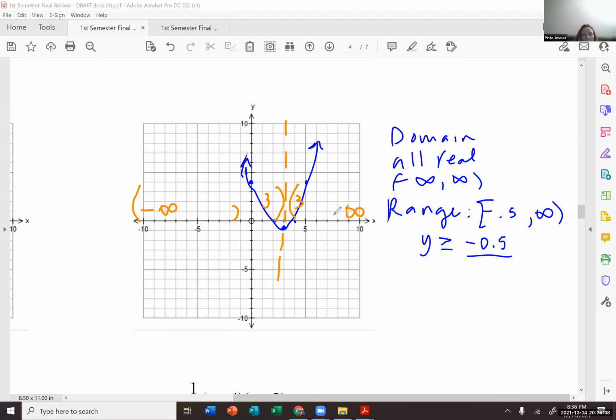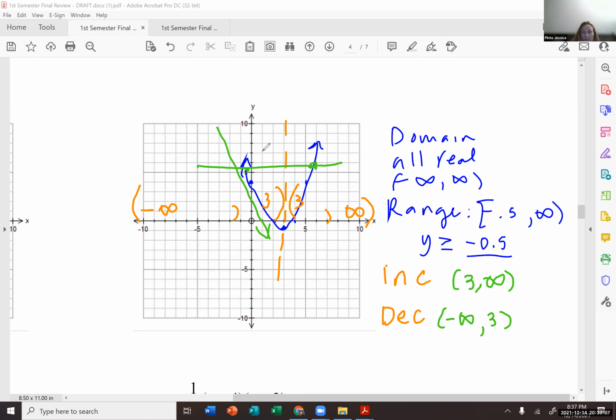So these are the two answers, the increasing interval and the decreasing interval. I just don't know which one's which. When I trace this side, it's going down. So the decreasing interval is negative infinity to 3, and the increasing interval is 3 to infinity. And then, is this one-to-one? No. No parabola is going to be one-to-one.